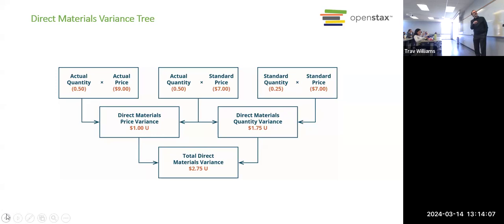Actual quantity times actual price, and then you subtract actual quantity times standard price. That gives you your price variance. And then if you want to figure out your quantity variance, it's actual quantity times standard price minus this box, standard quantity times standard price. And that gives you your quantity variance, right? And then you just combine these to get your total variance.